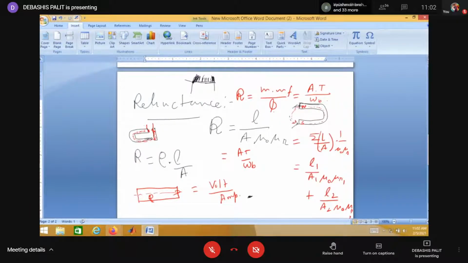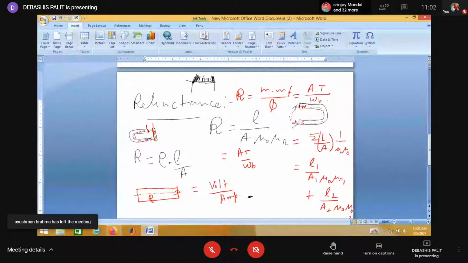So for this portion you have to consider how much is the distance, and for this portion also. In distance, you can consider that this is your L1 and this path is your L2. If the same material is there, I section and U section, same material, then you can measure this path and this path. This is the specified length, and this portion you can measure.